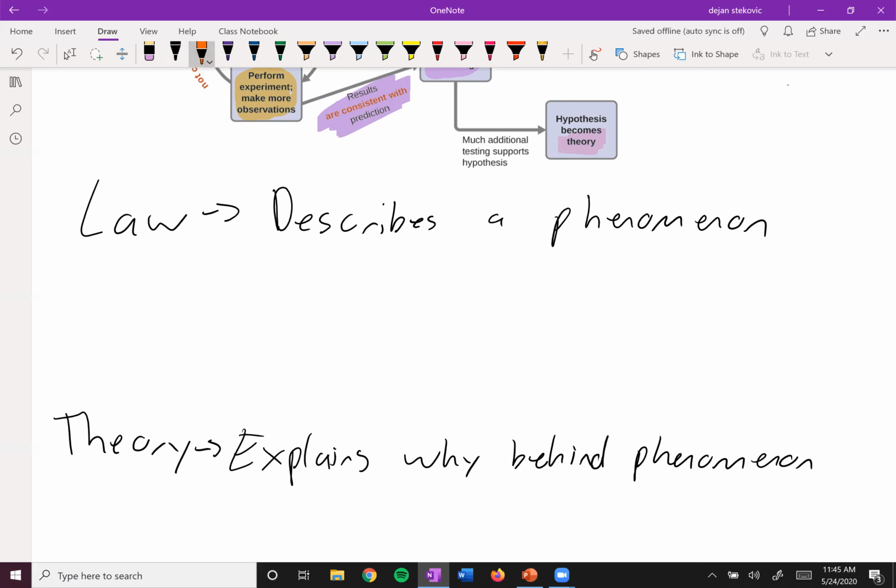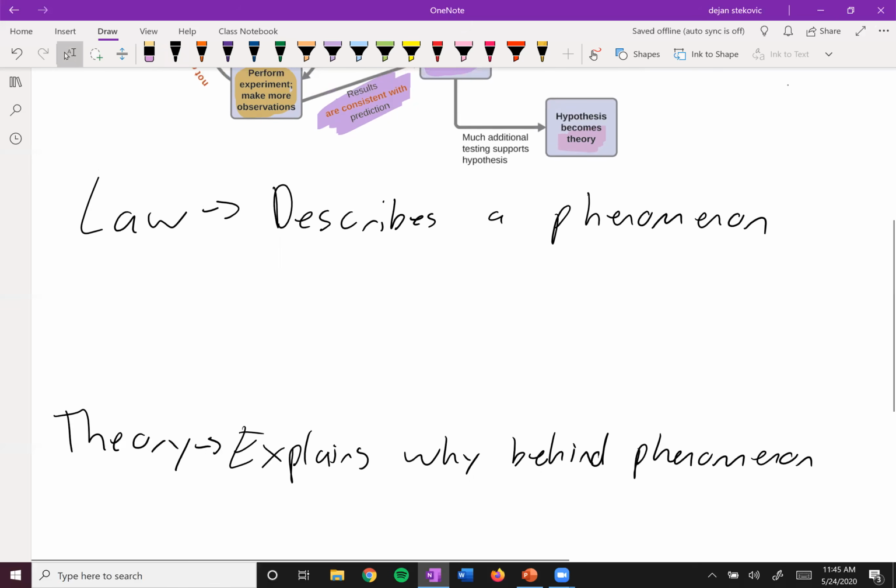So the law does not explain why. It just explains what happens, while the theory does explain the why behind the law.